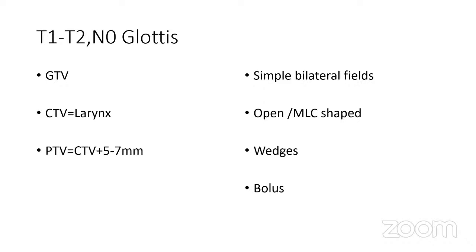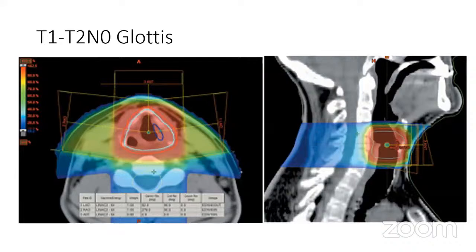So ma'am has just spoken about the beam modifying devices like the wedges to reduce the beam inhomogeneity from anterior to posterior, and also the importance of the bolus. And I've got a slide on that as well. So the anterior commissure, because it's very, very superficial, may not be covered well if we don't use a bolus.